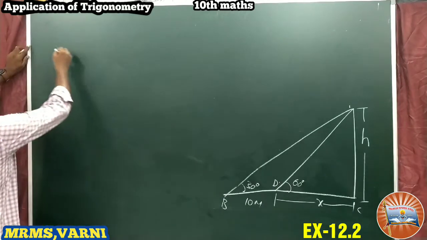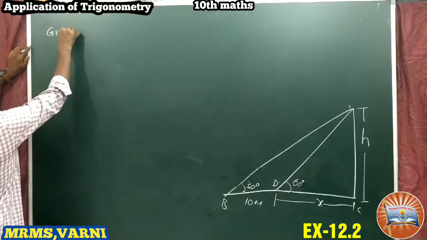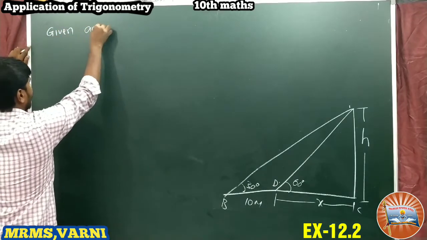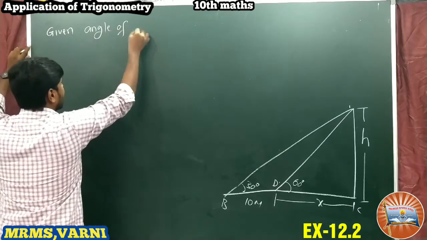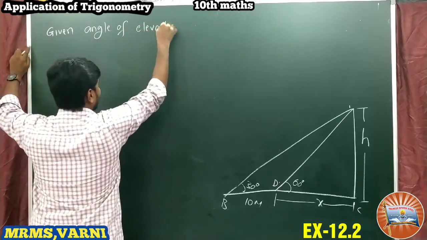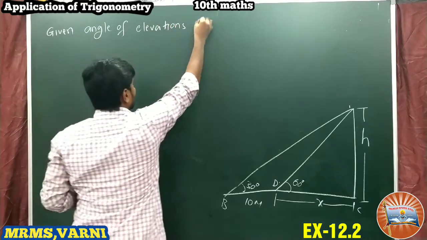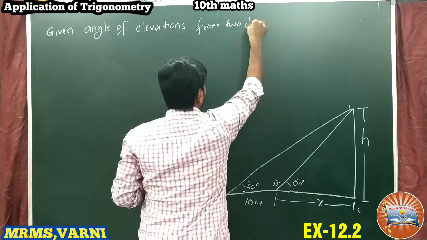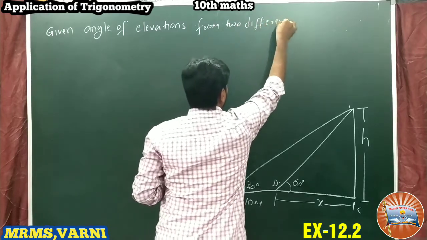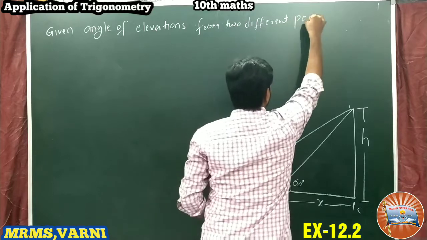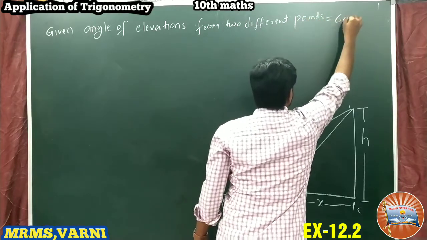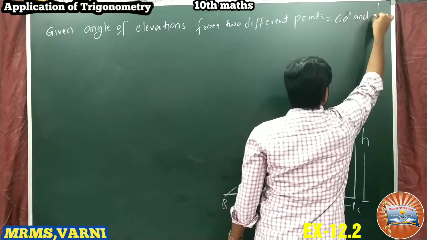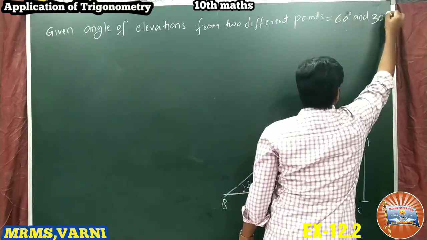Right. Let us write what is given. Given, angle of elevations from two different points, 60 degrees and 30 degrees.